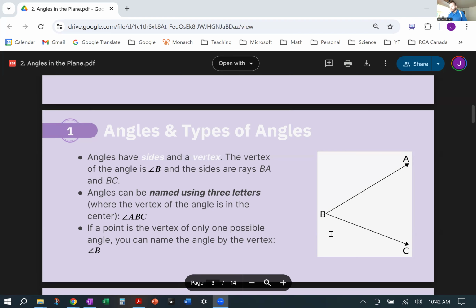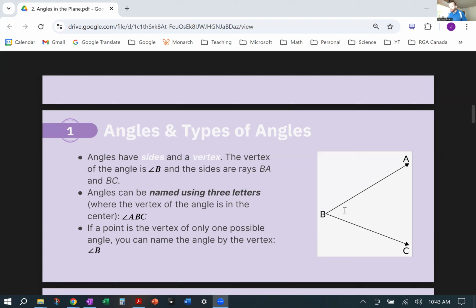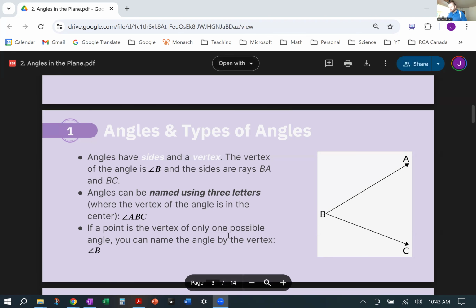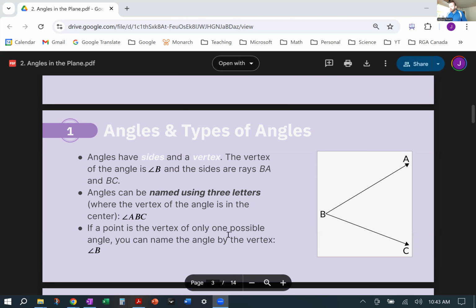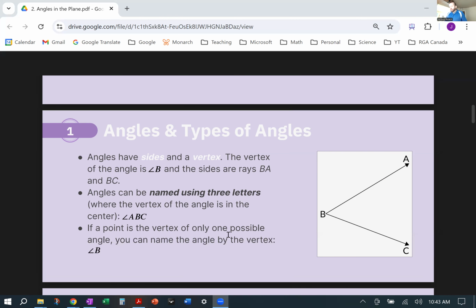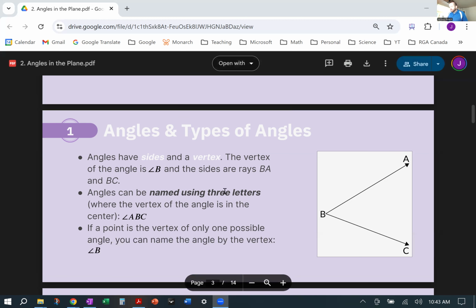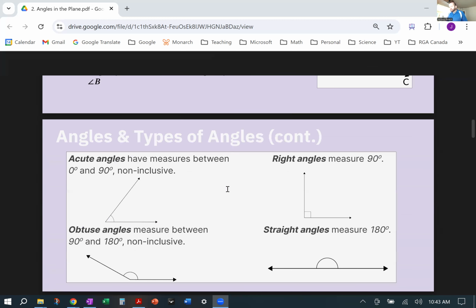We can read it as ABC, angle ABC. We can read it as CBA. And in this case, there's no other angles next to B, so we can also just call this angle B. We also refer to the pointy side, the very tip here, as a vertex. So that's how we can describe angles.